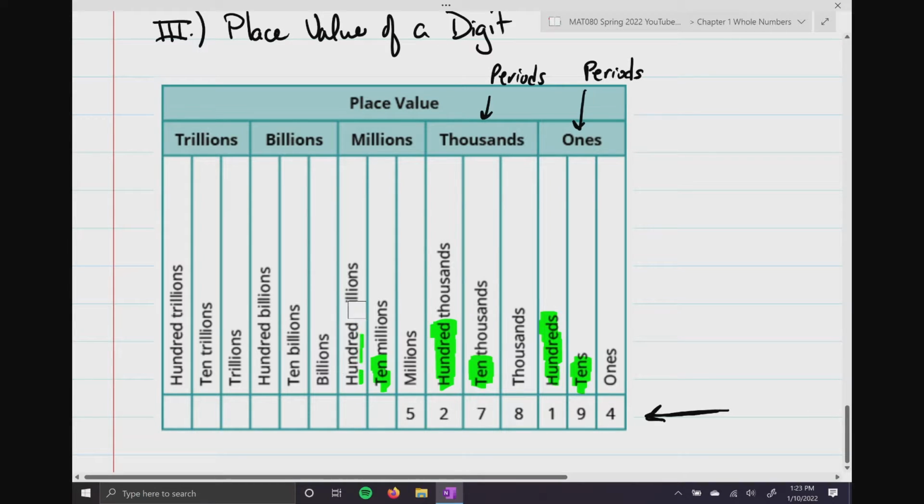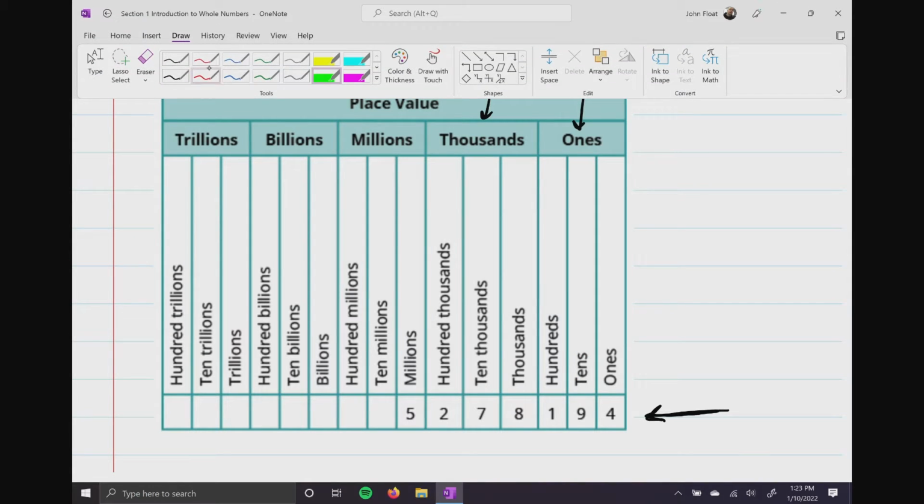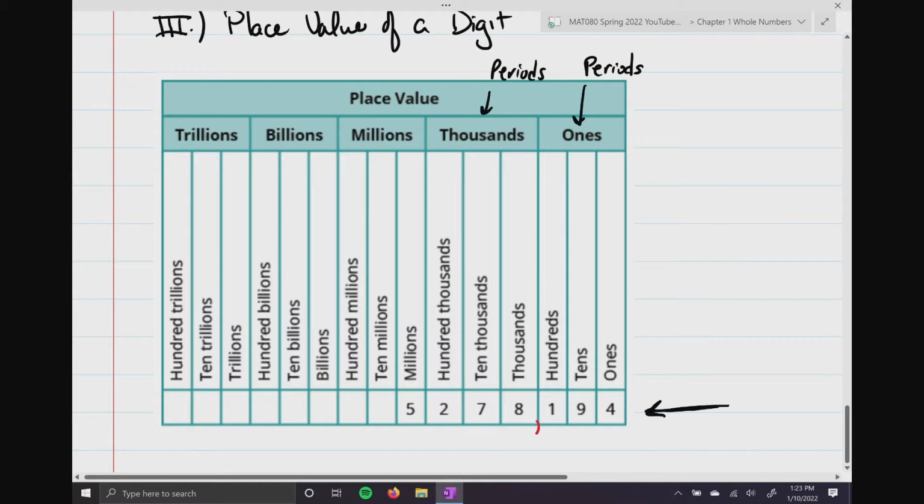The only thing this table doesn't do for us, which I wish it did, so I'm going to fill it in red, is show you where the commas go, because the commas separate the periods from each other. So this number is 5,278,194.